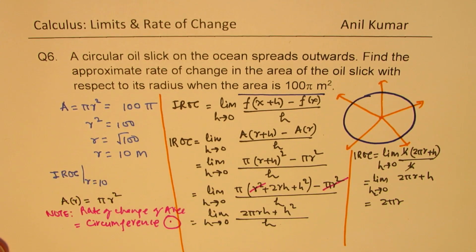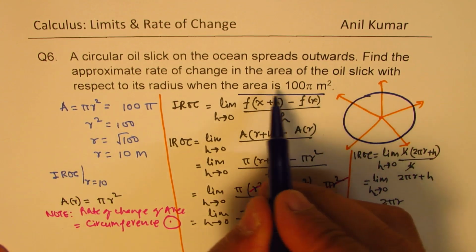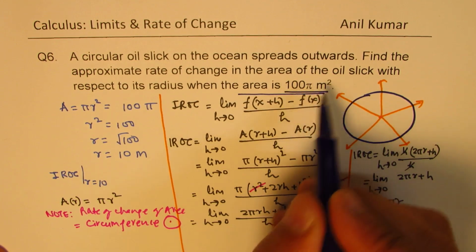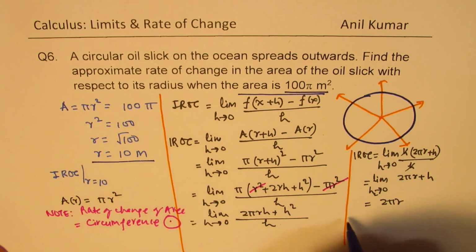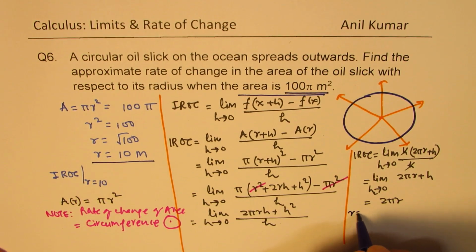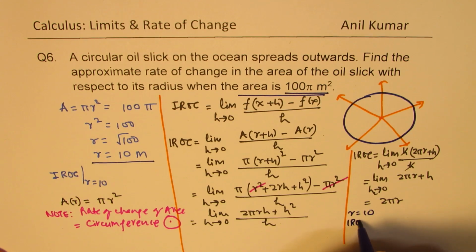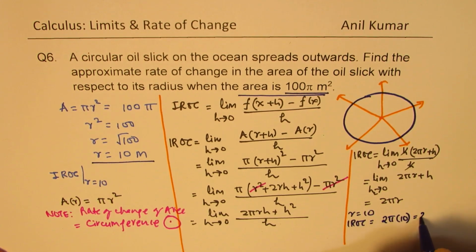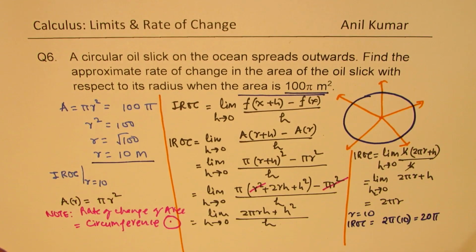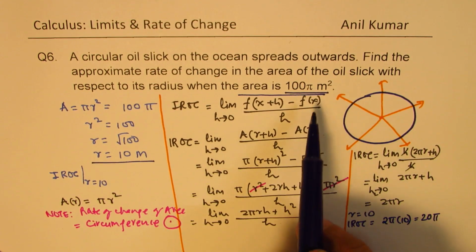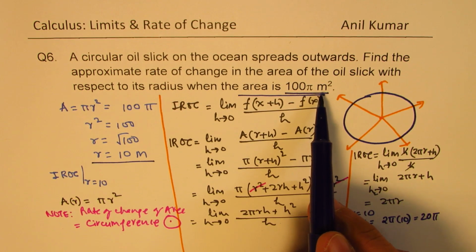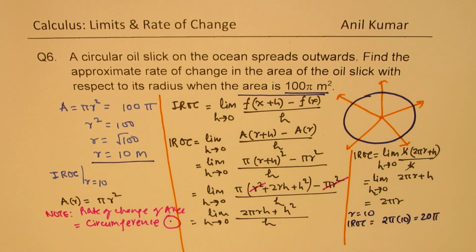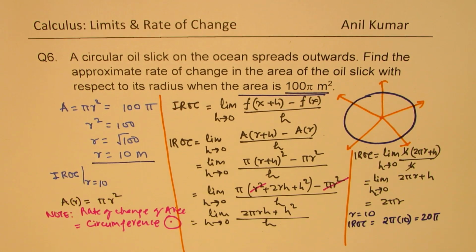Is that okay? Now, of course, what we need here is to find when the area is 100 pi, or r is 10. So when r equals 10, the instantaneous rate of change is 2 pi times 10, which is 20 pi, correct? The unit will be meter square per meter, right? So that is the rate of change.